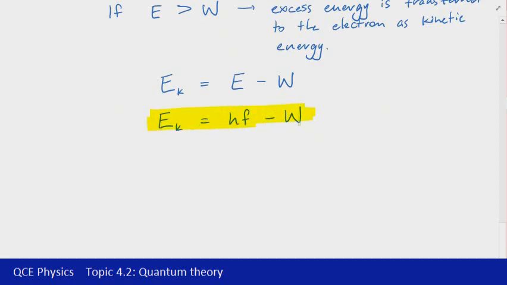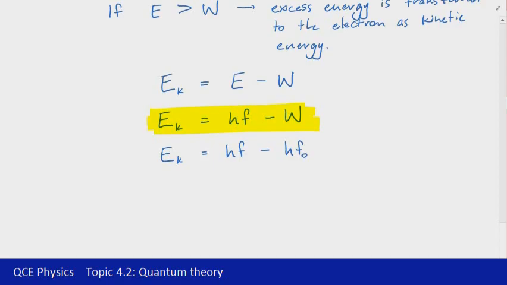Looking at the maximum kinetic energy of the electrons compared to the work function of the substance, you can take that a step further and substitute in what the work function is, so that's hf minus hf naught, but it's that highlighted equation that's the one in the data booklet.